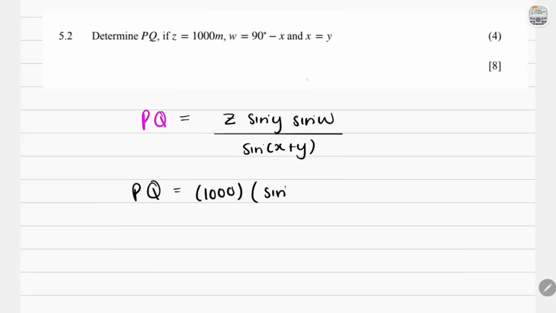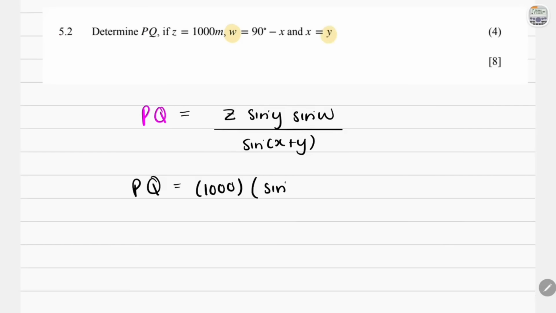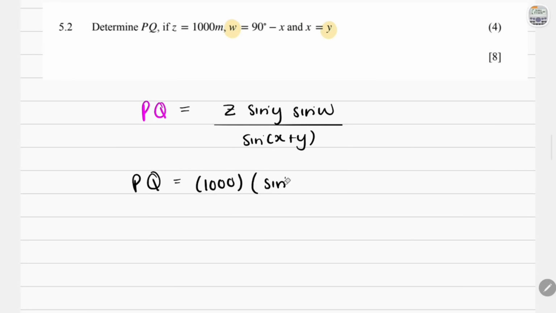Okay, sine Y, now Y equals X, and W equals 90 degrees minus X. So that means everything here, these angles, W and Y, can be written in terms of X. So we can leave everything in terms of X then. So this is sine Y, but since Y is equal to X, you can just call it sine X. I'll just put it in red so I'll remember.